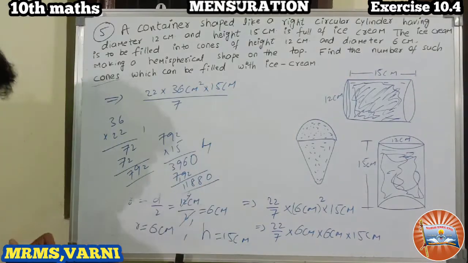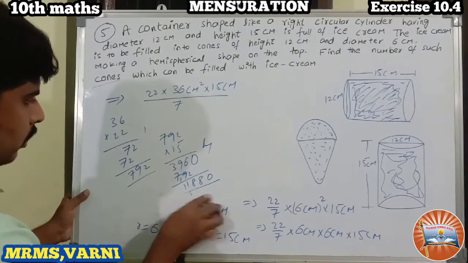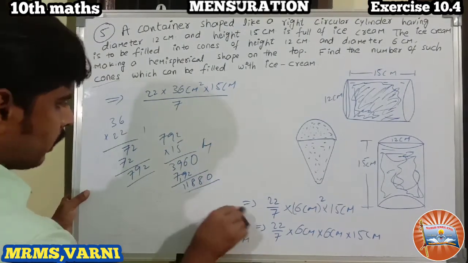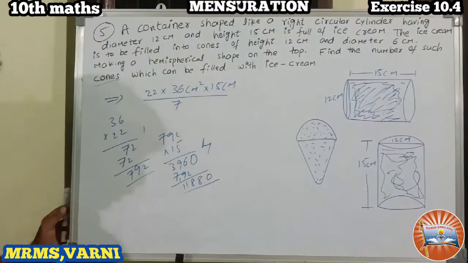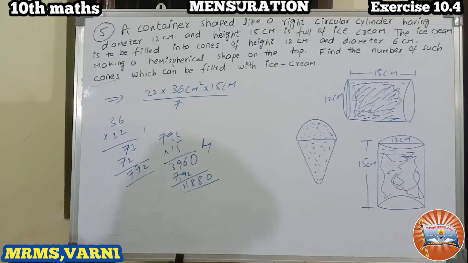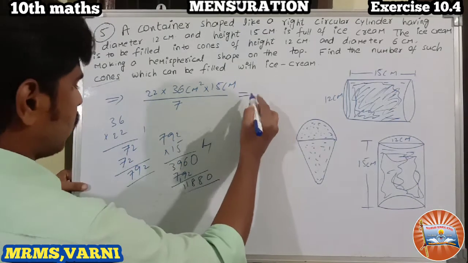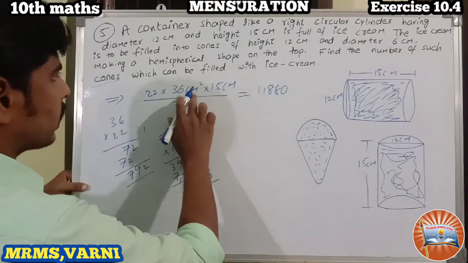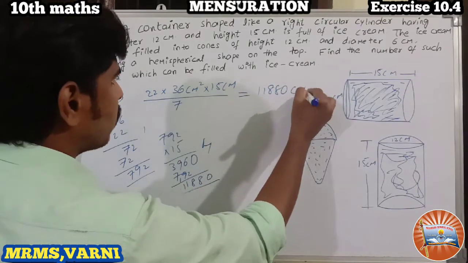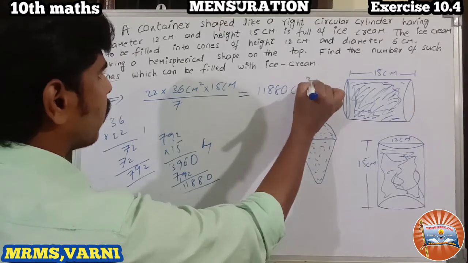What did we get? 11880 is the volume of the ice cream we got. So the volume is 11880 centimeter cube.